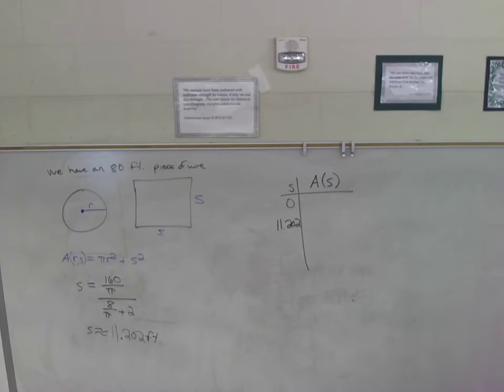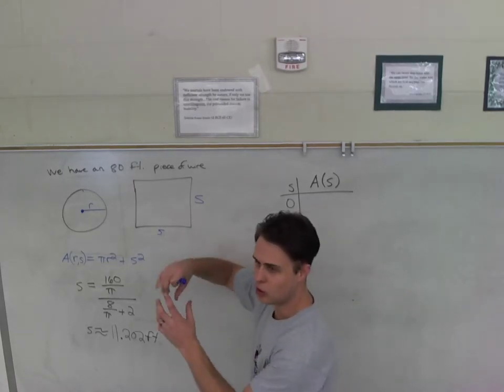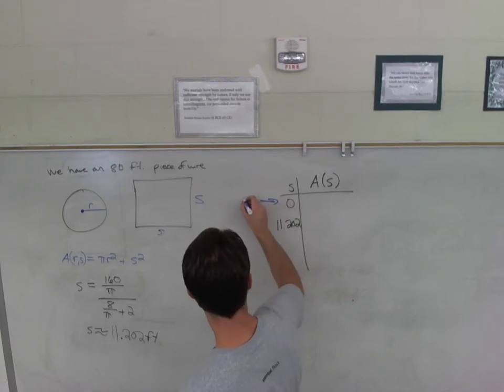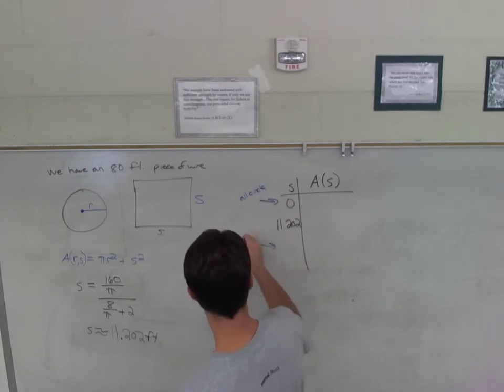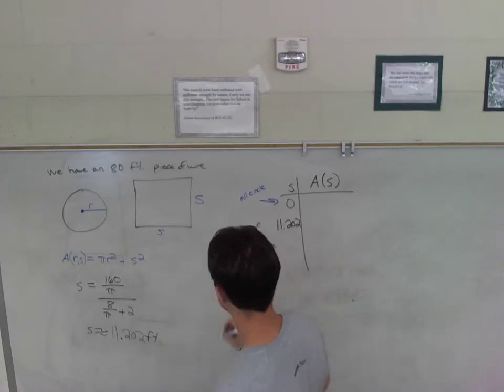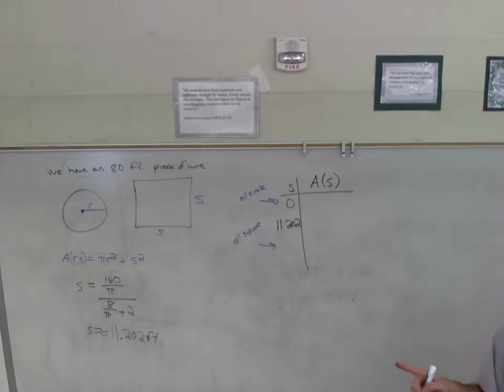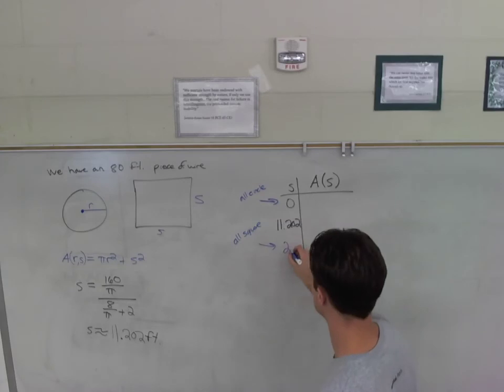Careful. 20, 80, 40, what? So if s was 0, then we're getting all what? Circles? This is like all circle. At the other end, where we're all square, s would be 20, right? Because we've only got 80 feet, we'd need 4 sides to actually make the square, so that would be 20, that's the other edge.